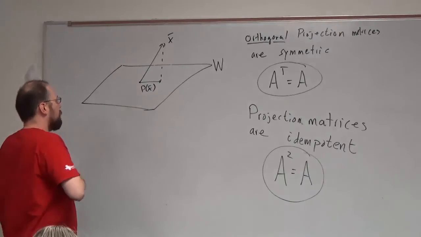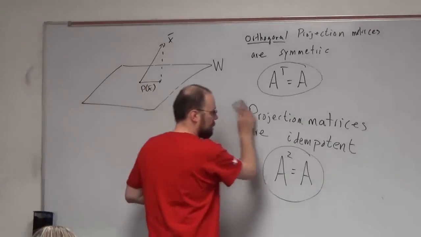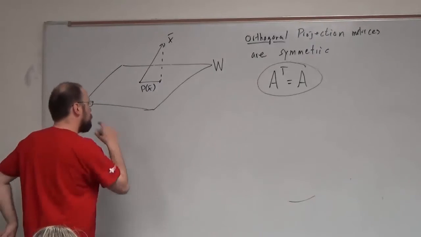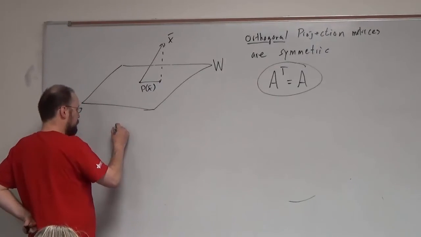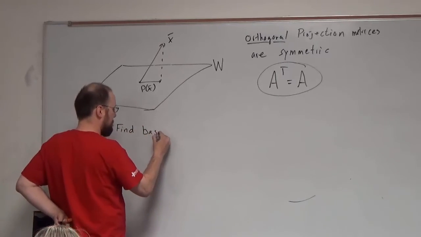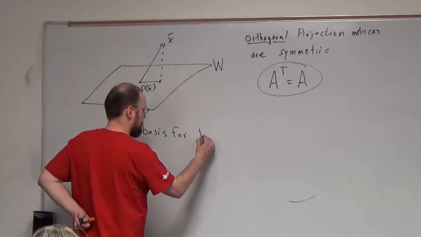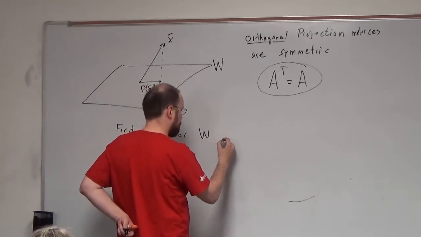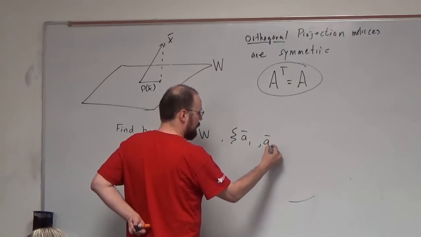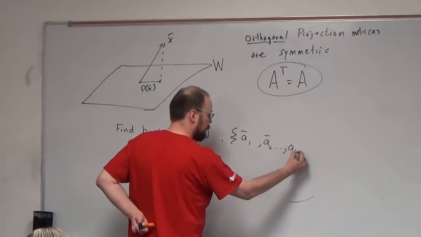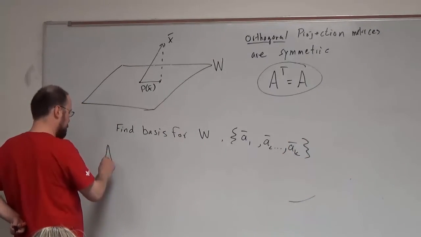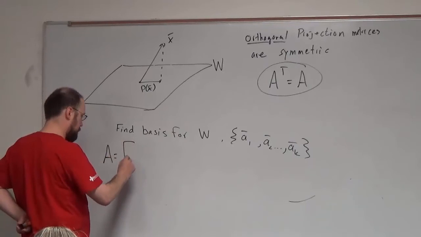How would you come up with formulas that give you the projection? Well, you would find the basis for the subspace, say A1, A2. If you had higher dimensional spaces, you would have more vectors. And you would stick those basis elements into columns of the matrix.